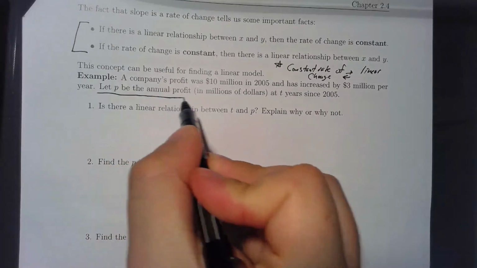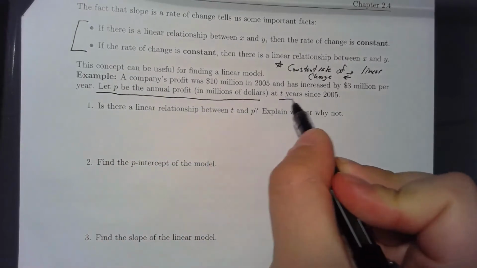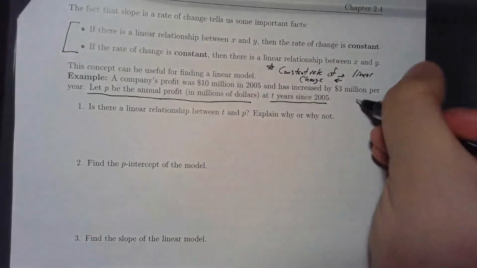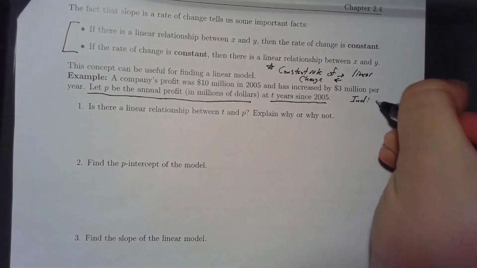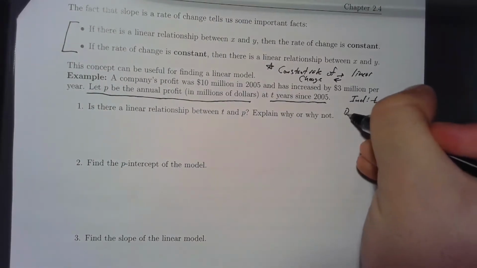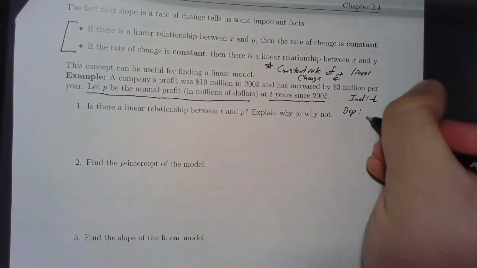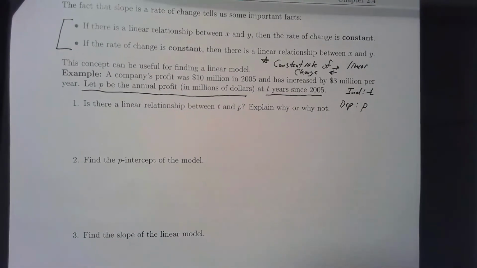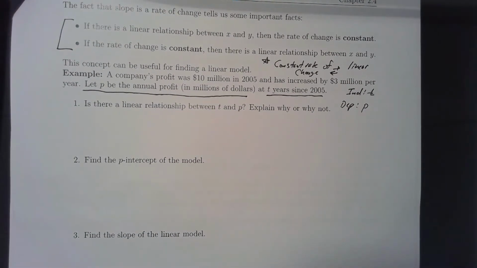Let P be the annual profit in millions of dollars at T years since 2005. So the independent variable is T and the dependent variable is P. Question 1. Is there a linear relationship between T and P? Explain why or why not.